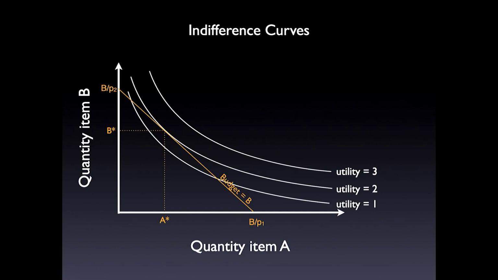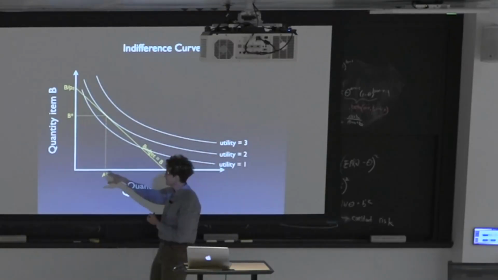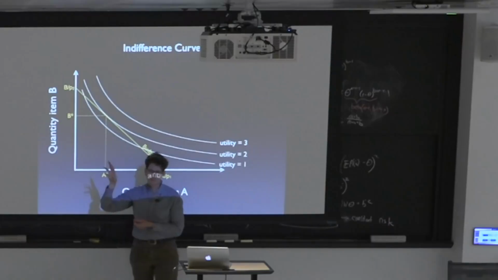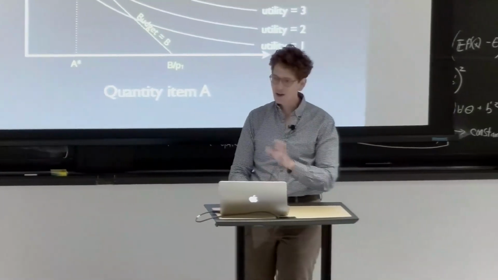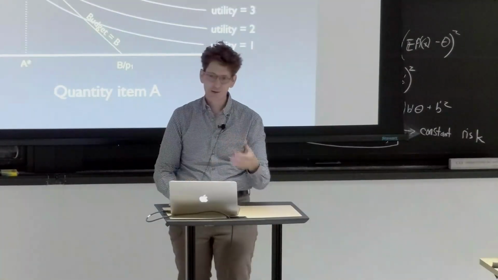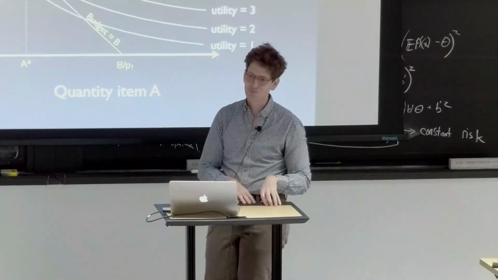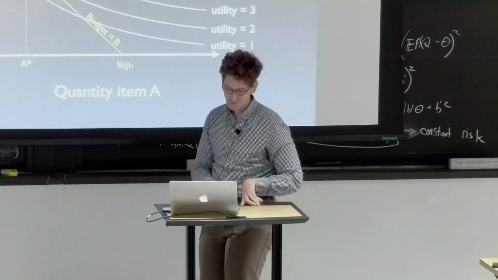And you can see that there is a point where the budget touches the highest possible utility curve, and that would be the optimal amount of A and B for you to buy, given your budget, right? Assuming everything else is held equal, right? And in economics, that assumption is called ceteris paribus. It applies to basically everything we say in economics.